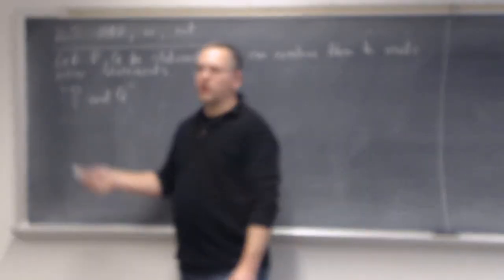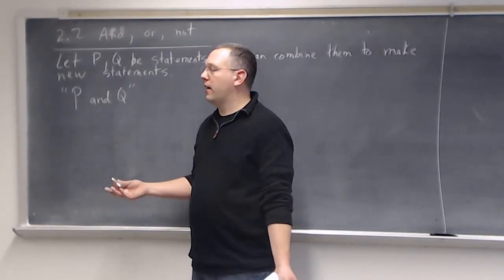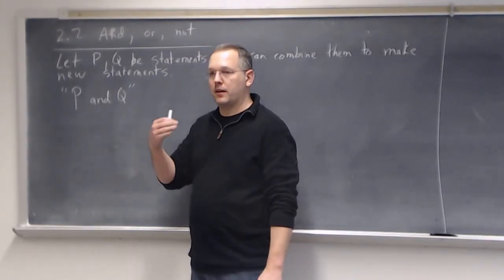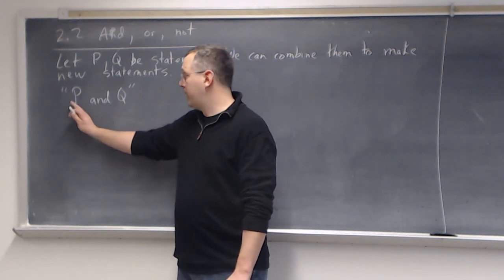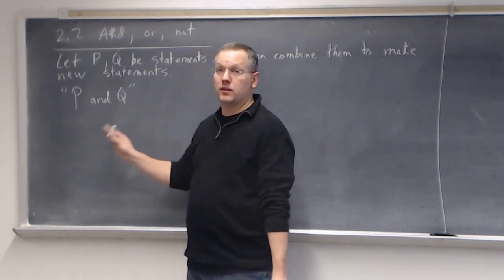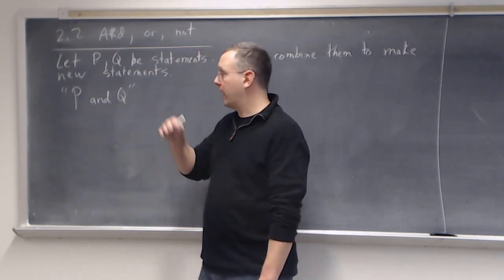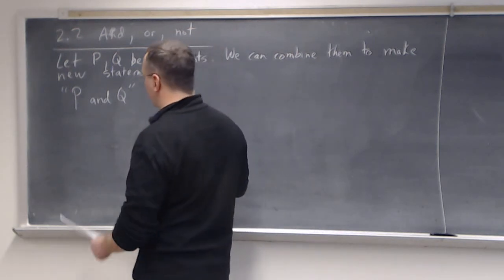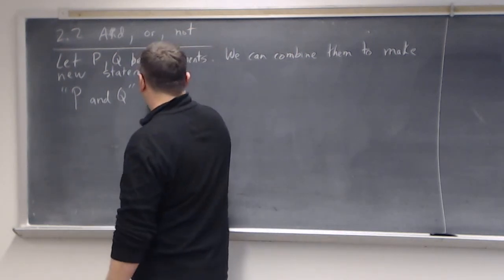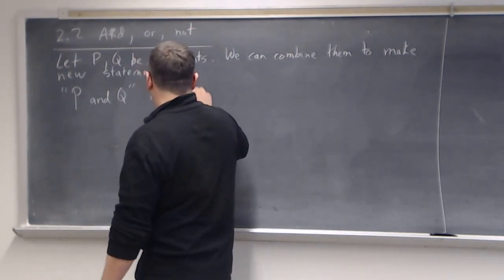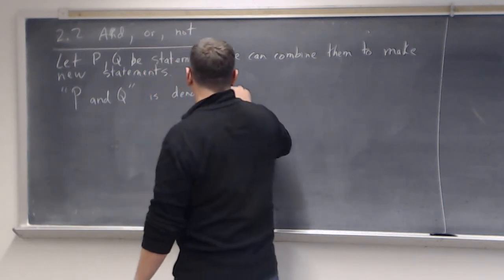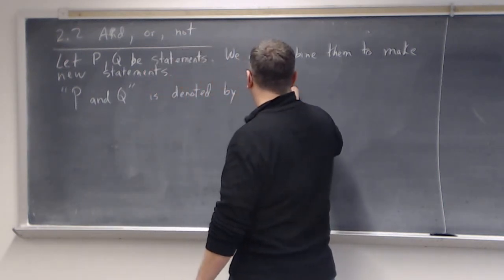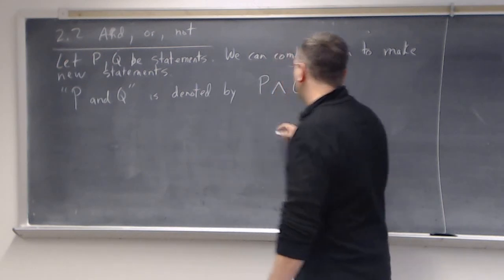If you think about it in everyday English, an and statement is true if P and Q both have to be true in order for this compound statement to be true. So P and Q in logic symbols is denoted by P and then this symbol.